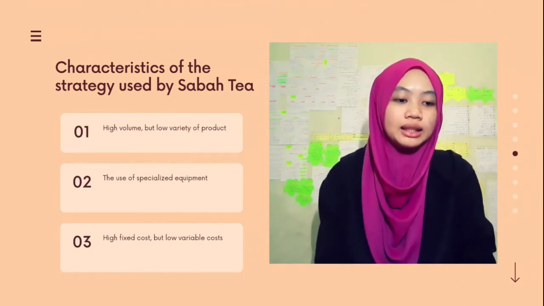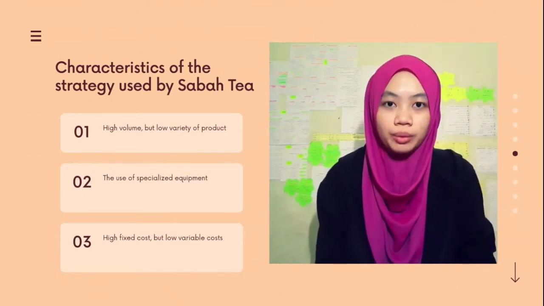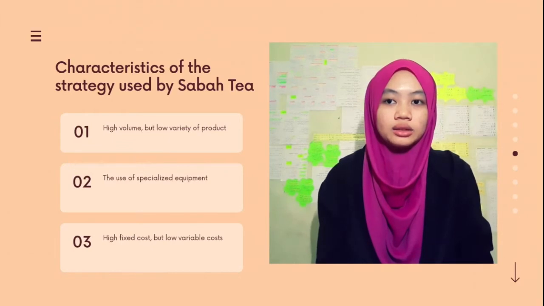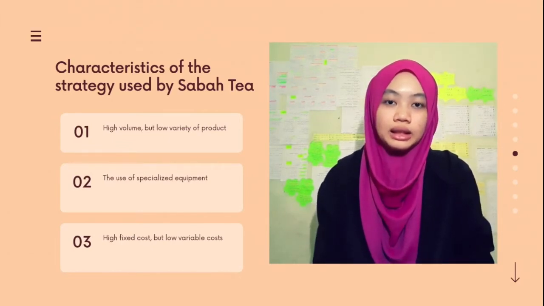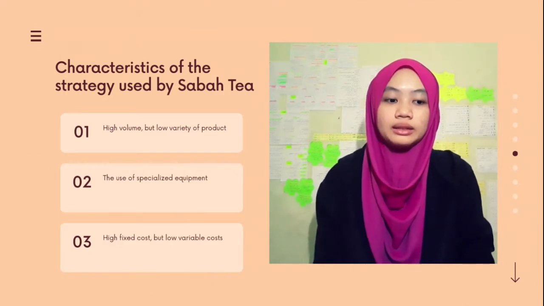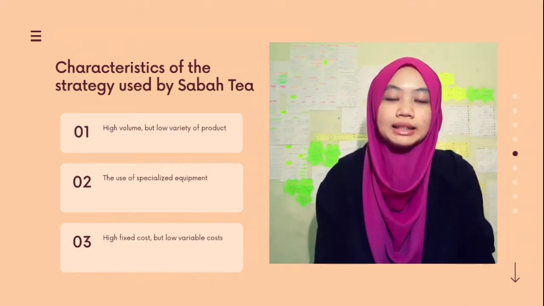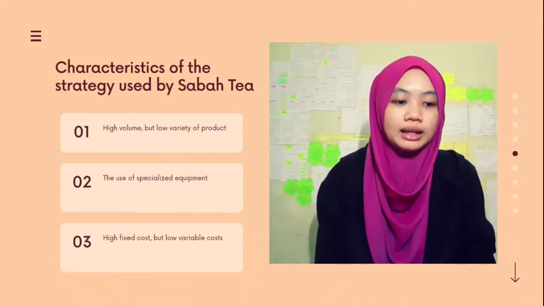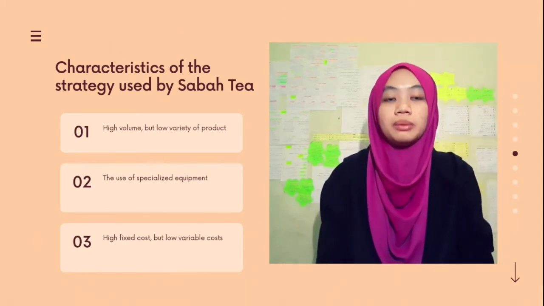The second characteristic is the use of specialist equipment. This is a must, because in order to convert the tea leaves into a tea that can be drunk by people, they must use specialist equipment. The last characteristic is high fixed cost but low variable cost.